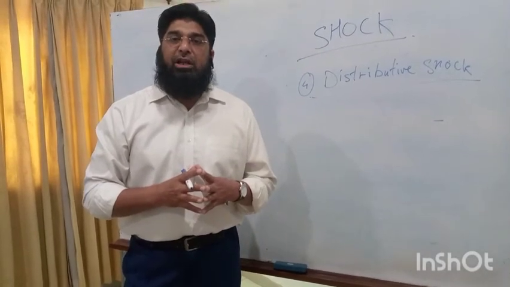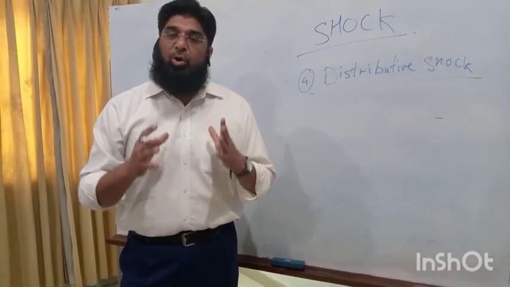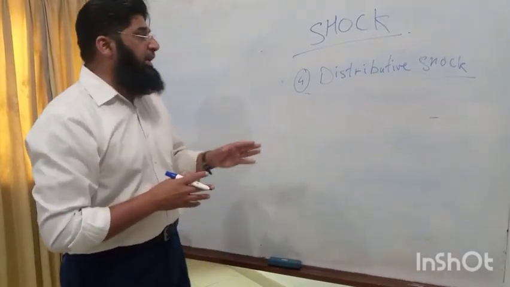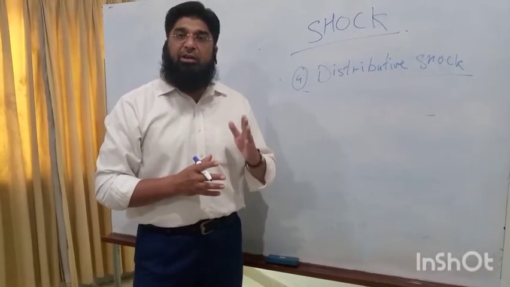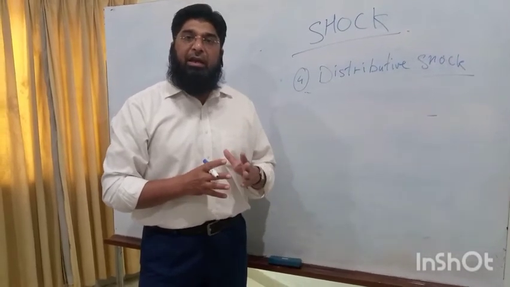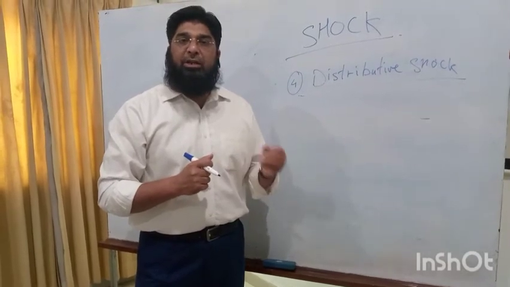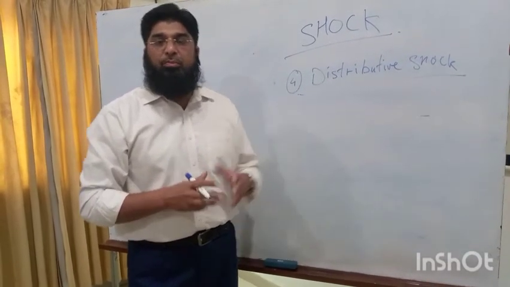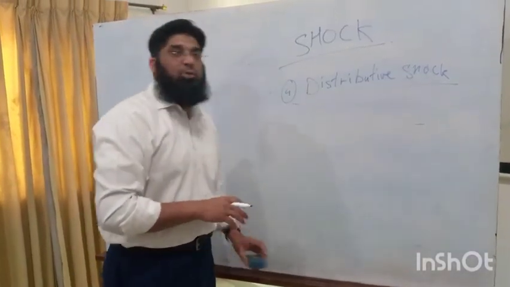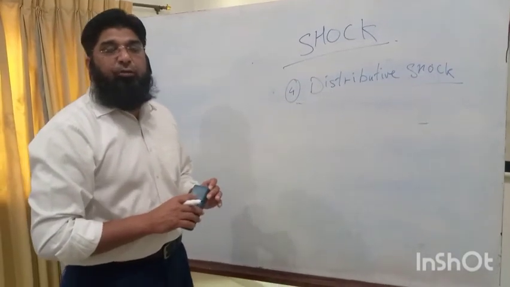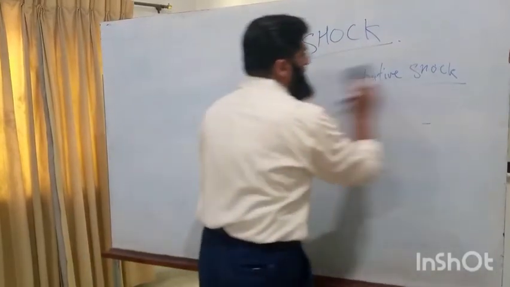As a result, there is pooling of blood in the peripheral vascular system. Because of this pooling of blood, there is decreased venous return to the heart, and as a result, there is insufficient amount of blood present in the ventricles to be ejected. So these were the four different types of shock, or you can say four different etiological factors of circulatory shock.